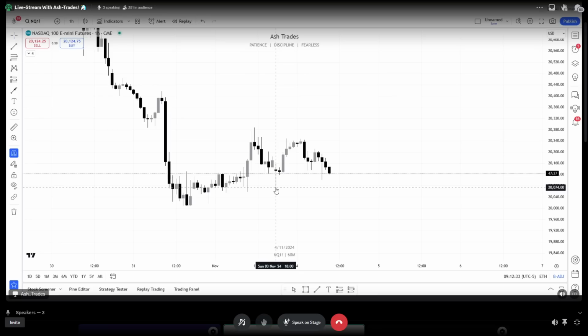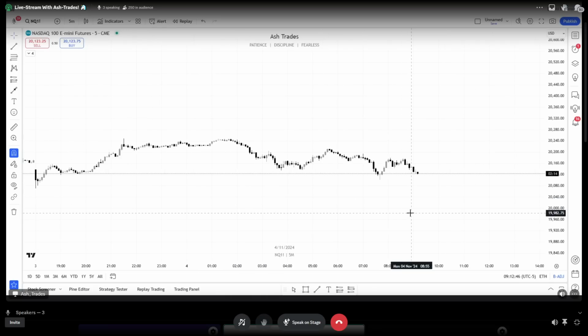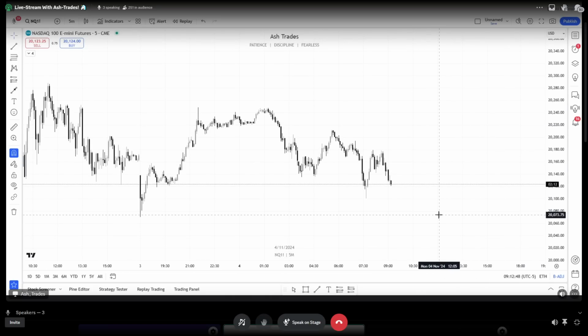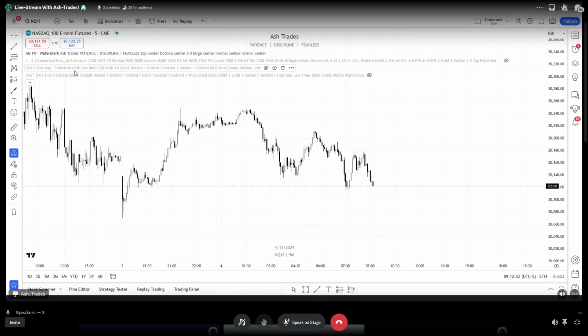I no longer have to go to the hourly chart to look for higher time frame points of interest because of the stat map. So now instead of going to the hourly chart, I'm moving to the 5-minute chart because this is where I look to execute. And this is where the stat map comes in.